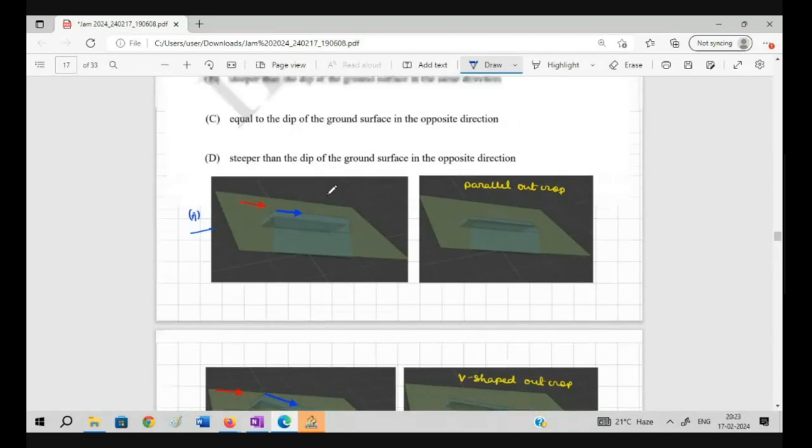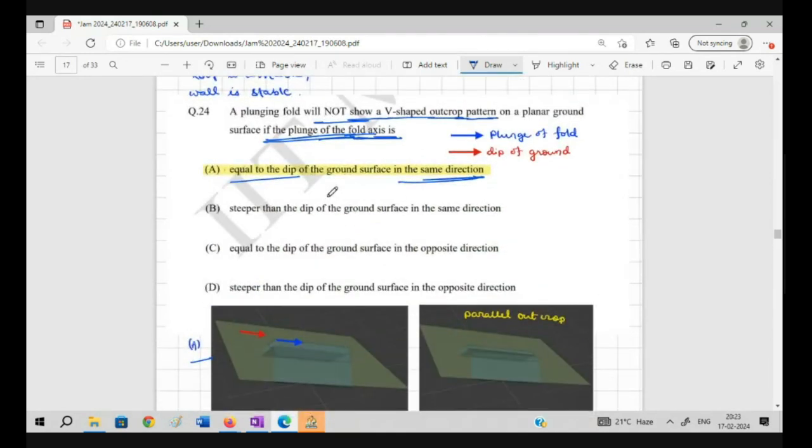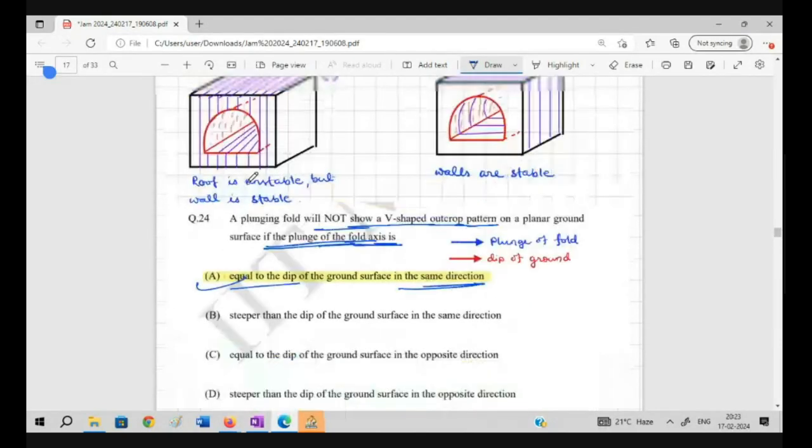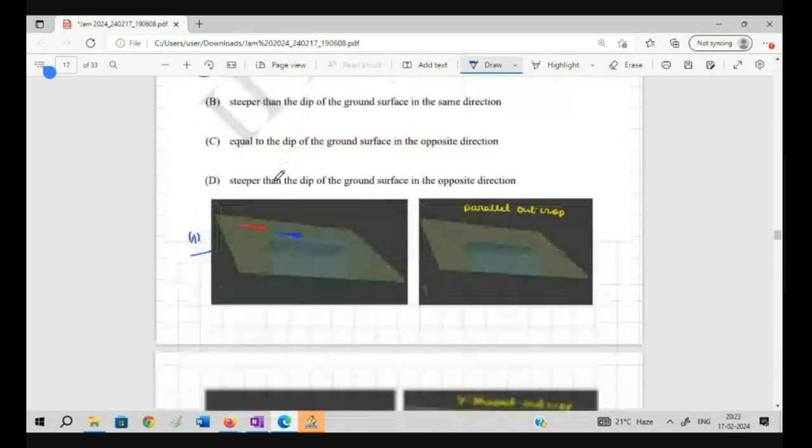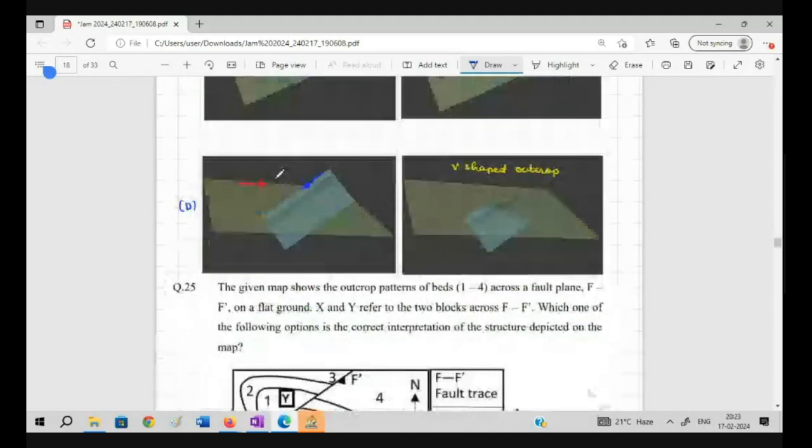So a V-shaped outcrop will not form when the plunge axis is parallel to the ground slope with equal amount in the same direction. Could you get it? So option A will be the correct one. Is it fine? Yes, sir.